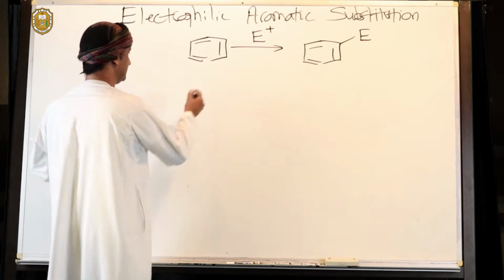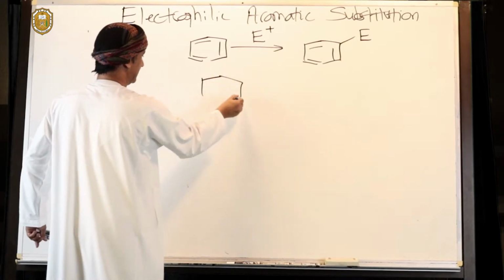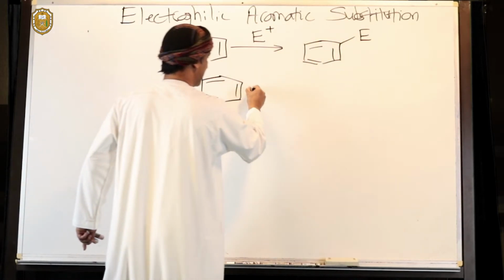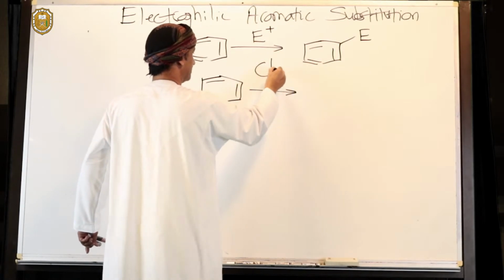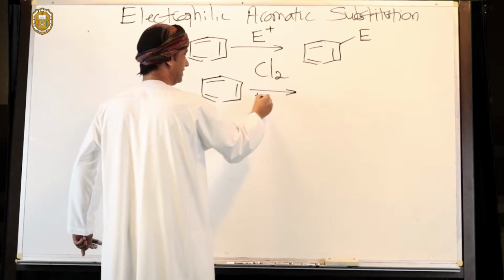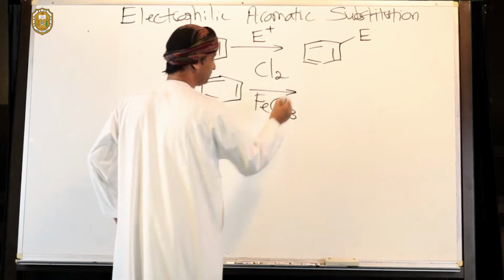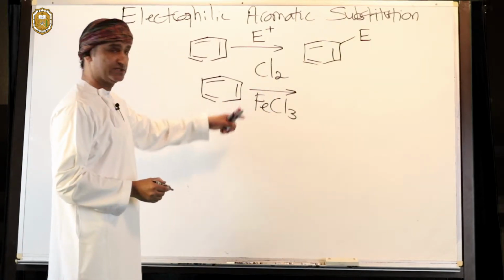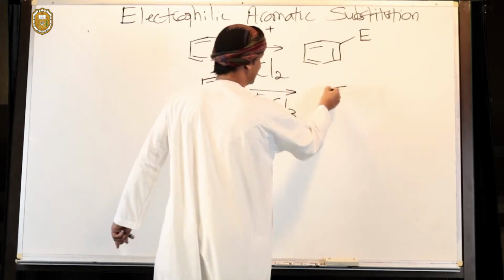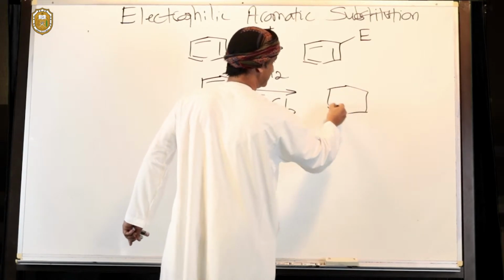If we take benzene in the chlorination reaction, we react it with chlorine in the presence of FeCl3 as a Lewis acid catalyst, then chlorobenzene is obtained.